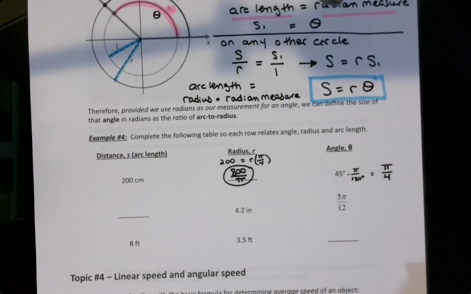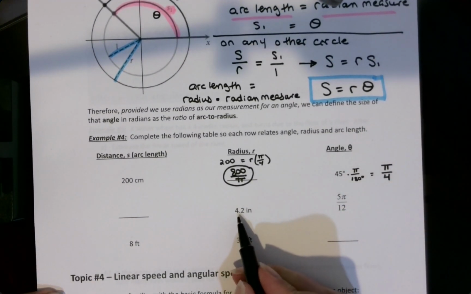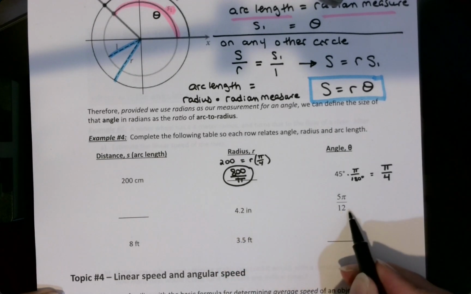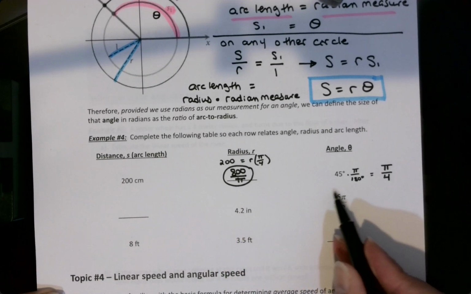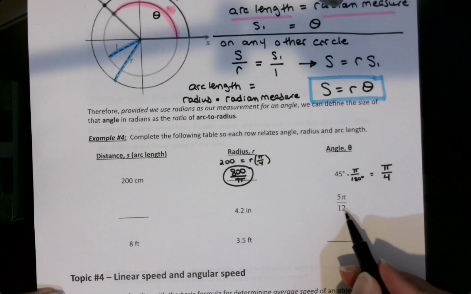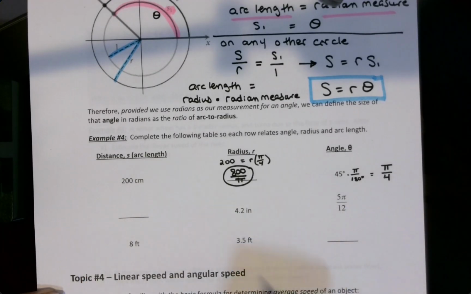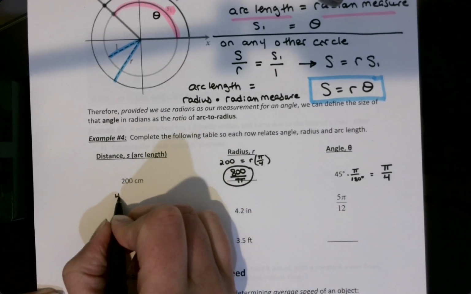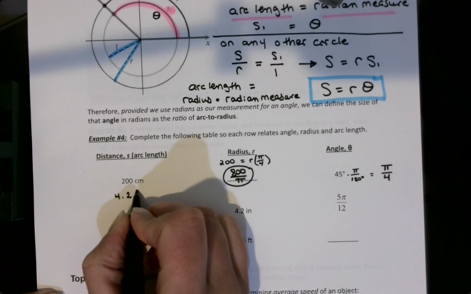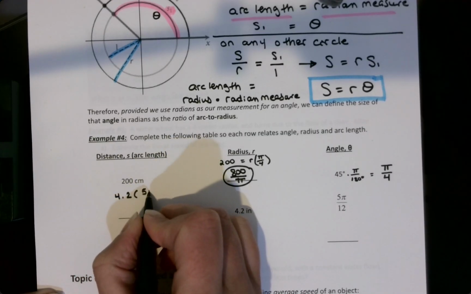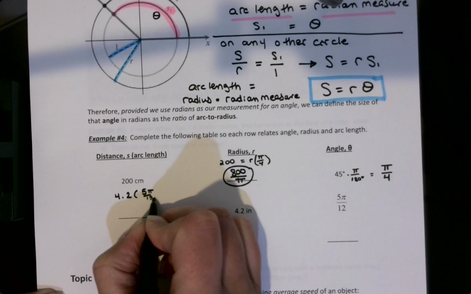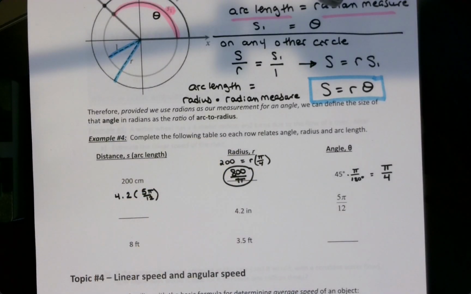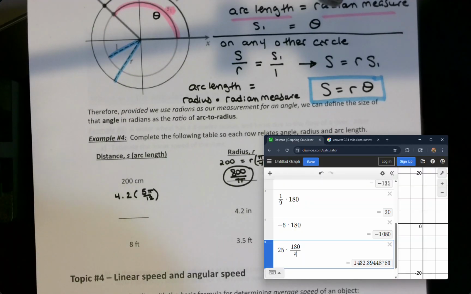Let's look at another example. In this one, I know the radius and I know the angle. That angle is given to me in radian measure. So to find the arc length, I need to take R, 4.2, times the 5 pi 12ths. Typically, as we multiply these, we don't type in the pi, we keep pi itself.